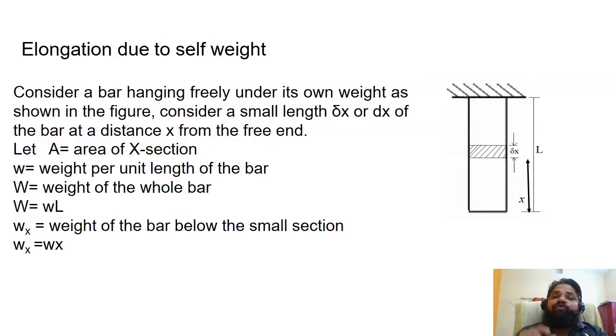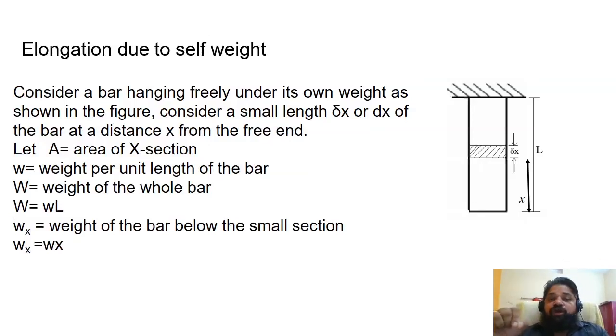If I am able to find the elongation on the small strip length, then I can get the elongation for the whole length as well, just by integrating. In order to do so, we have considered an element delta x at a distance of x from the free end. Now the load intensity is w into x.